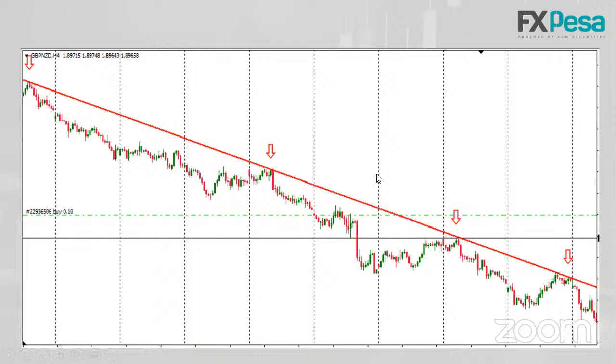By marking it and extending it further ahead, you'd be waiting for the price to rise, and once it retests that trend line and fails to break above it, once price begins to drift to the downside, then that is the most optimal time to enter a sell position.